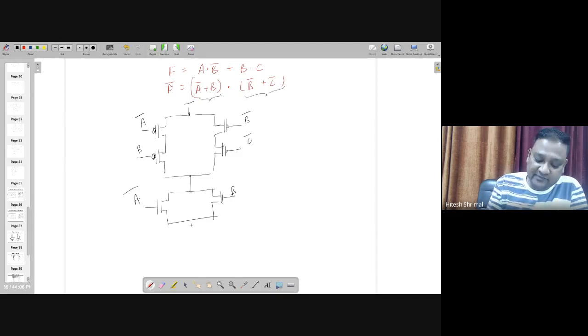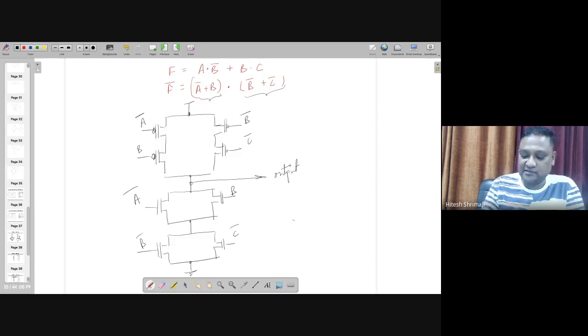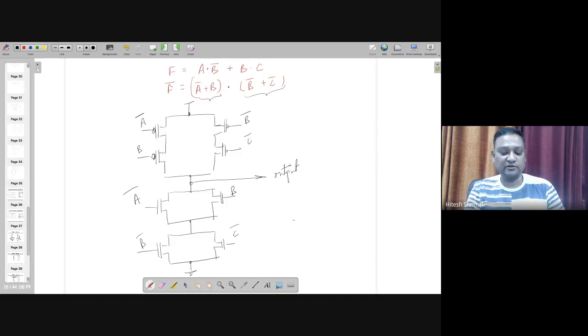To implement the second part, you require B bar and C bar. So that will give you the output. I guess nobody has a doubt in this one, right? Is there anybody who has a doubt? No doubt, then we can move forward.